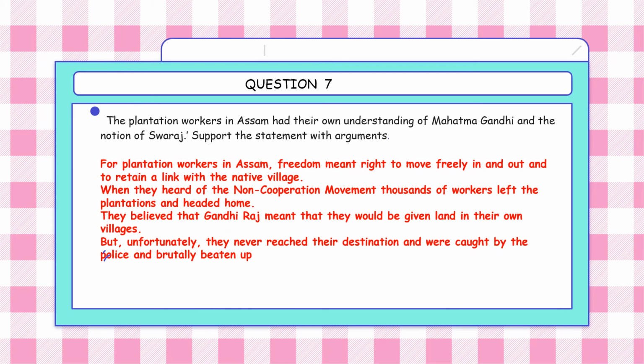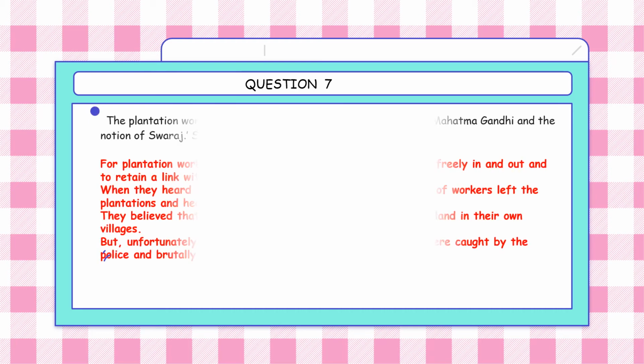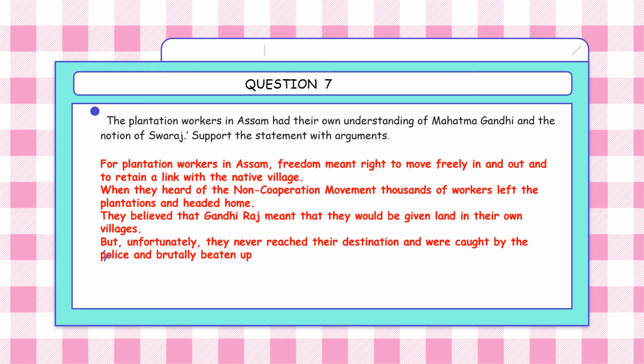Now let's look at question number 7. It is about the plantation workers in Assam. The plantation workers in Assam had their own understanding of Mahatma Gandhi and the notion of Swaraj. Support the statement with arguments. When such a question comes, you have to directly write about the plantation workers. So how did they look at Swaraj? Let's have a look. For the plantation workers in Assam, freedom meant the right to move freely in and out and also to have a link with their village.